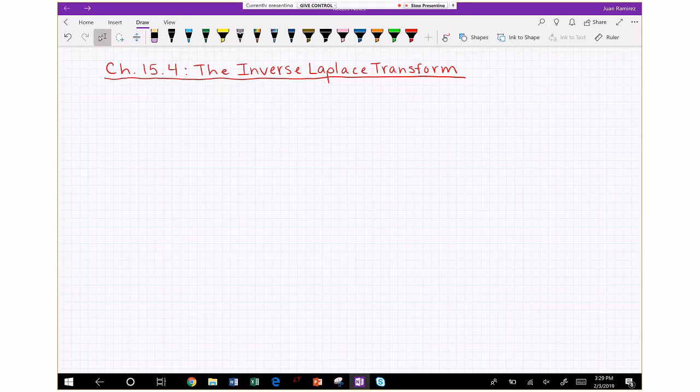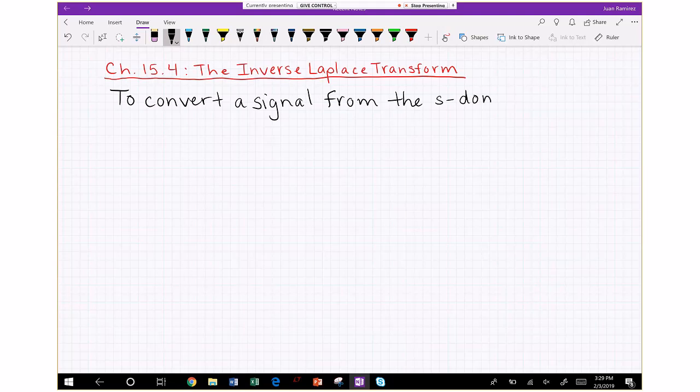Alright, so to convert a signal from the S domain to the time domain, we use the inverse Laplace transform.